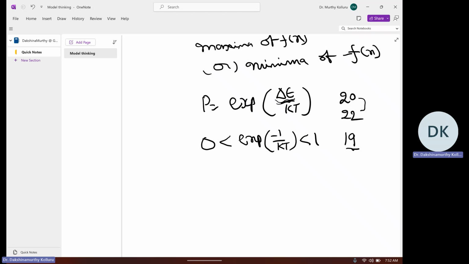If I'm finding maxima, one way is multiply with a negative and do the minima. The other way is remove the negative sign in the exponential so that higher values are always accepted. Whenever I get a neighbor with a lower value, it's accepted with a probability. Okay, so I just wanted you to know that nuance.